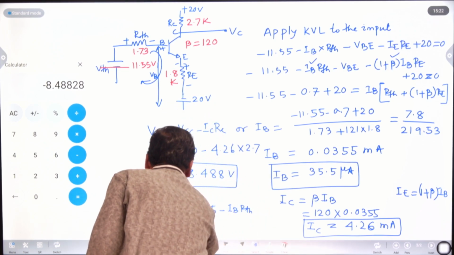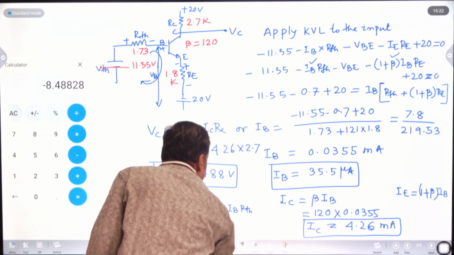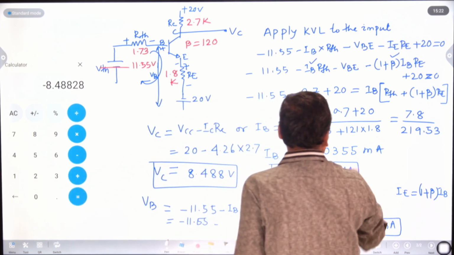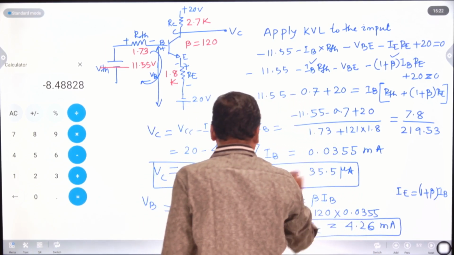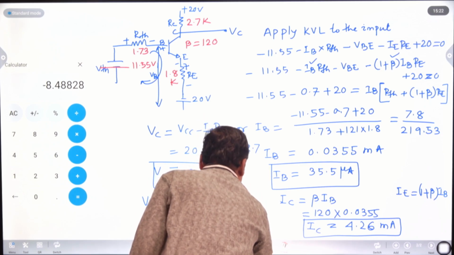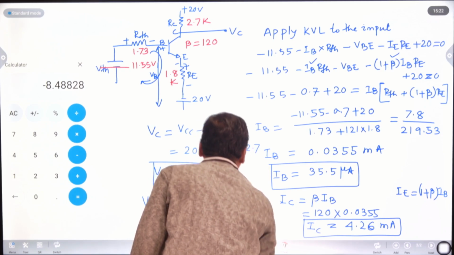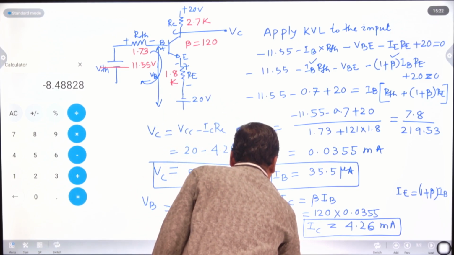So this value is how much? That is your minus 11.55 minus IB value. Already you got IB equal to how much? 0.0355 milliampere. So IB into RTH. Your RTH value is 1.73.